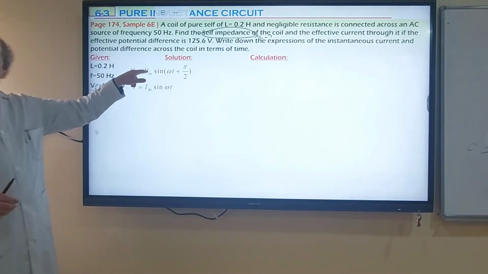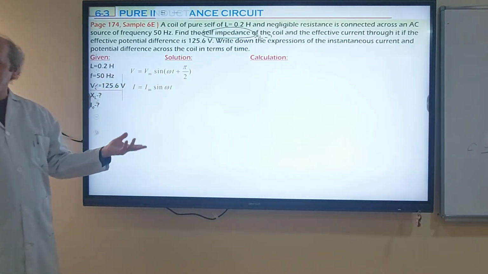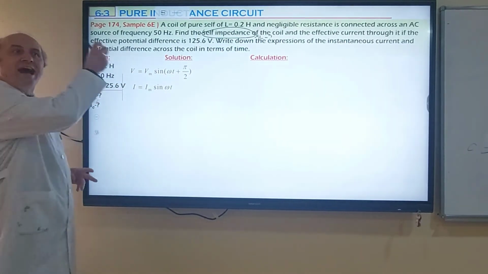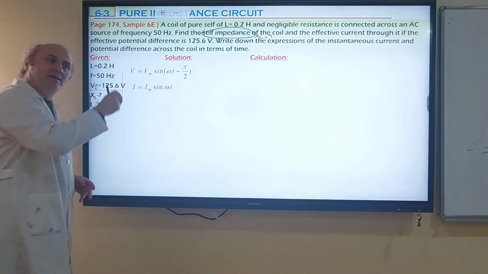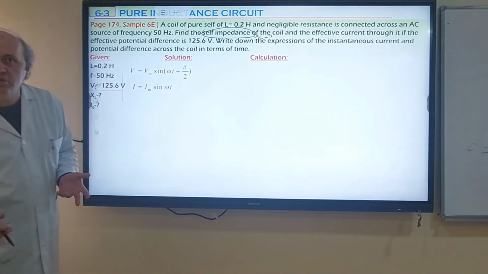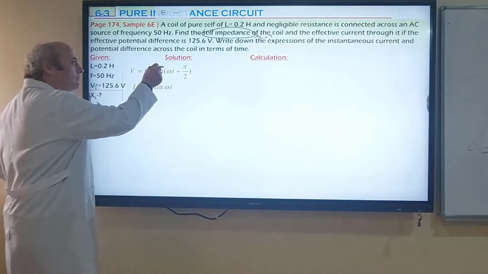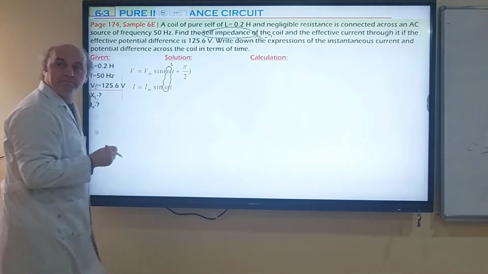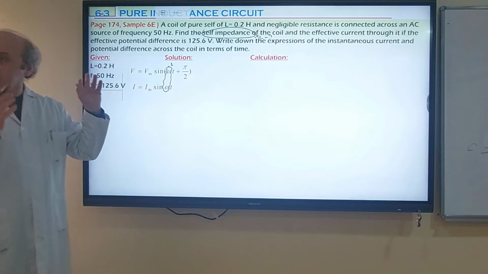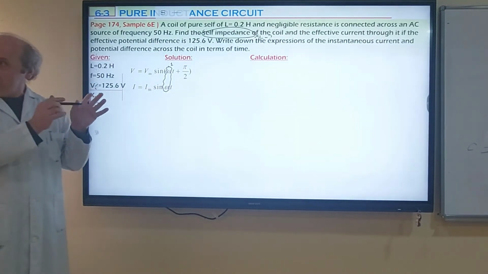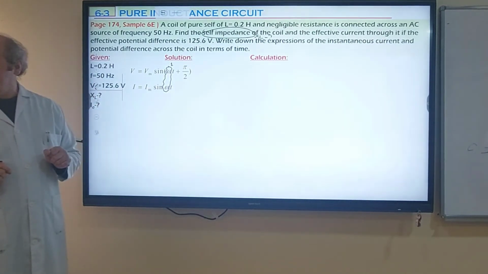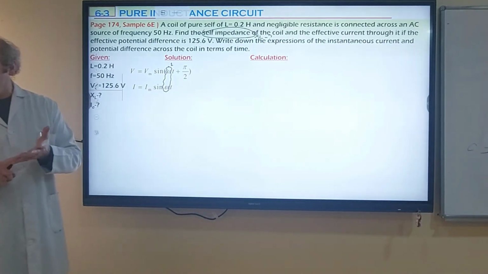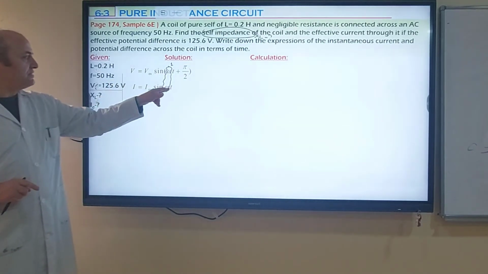These are the equations, remember? Write down expression means insert constants into these equations. Omega is constant, so first calculate omega. Insert the constants and leave the variables: t is variable, v is variable, i is variable.